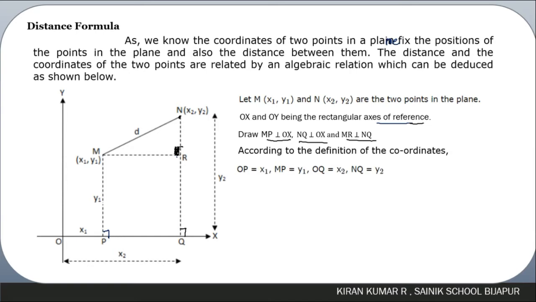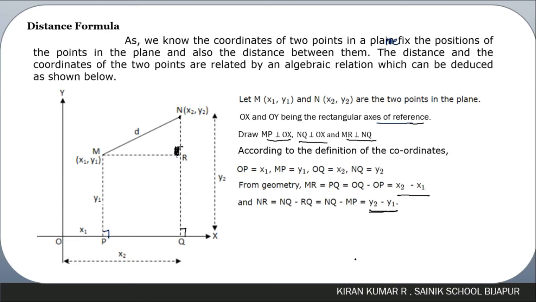So we get the length of MR as x2 minus x1, and we require the length of NR. NR is nothing but NQ minus QR, that is NQ minus MP. The distances MP and QR are the same. So we get the distance NR as y2 minus y1.